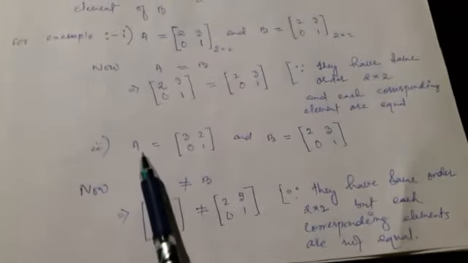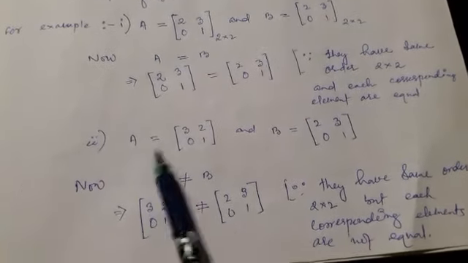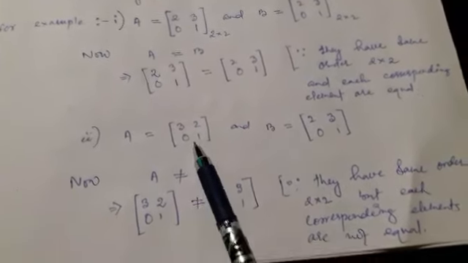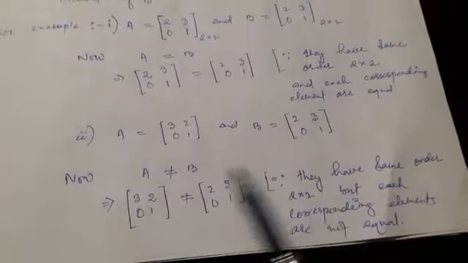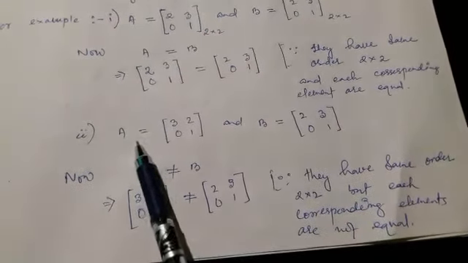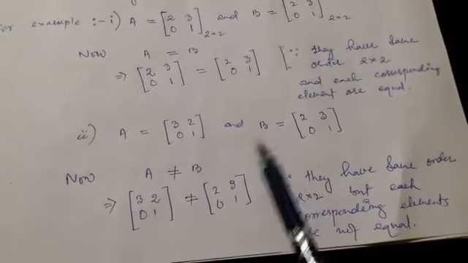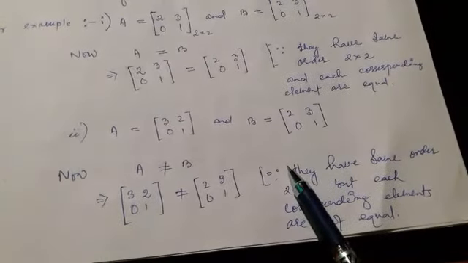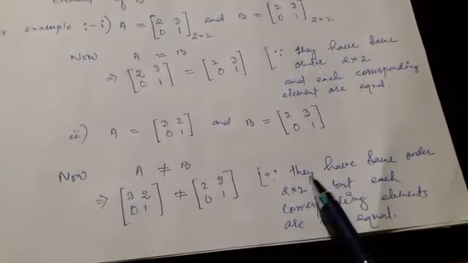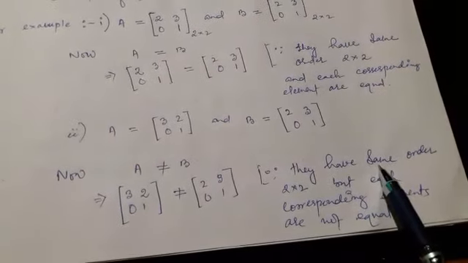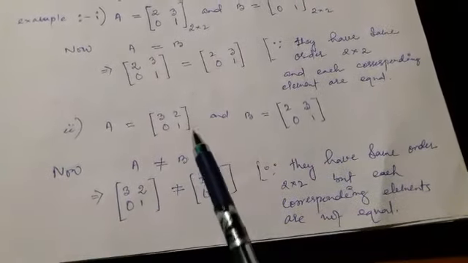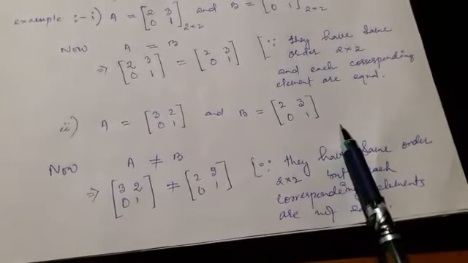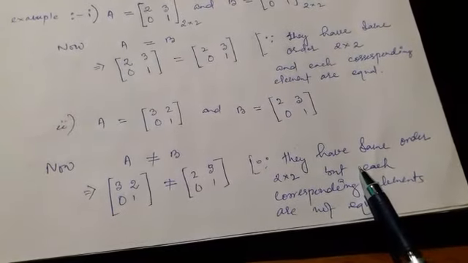In example number 2, let us take 2 matrices, A matrix and B matrix. Now let's check whether these 2 matrices are equal or not. See, matrix A, matrix B. Let us check the first point: do they have the same order or not? What is the order of this? 2 by 2. What is the order of this? 2 by 2. The first point is satisfied.